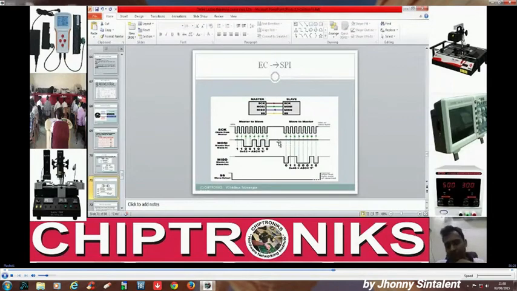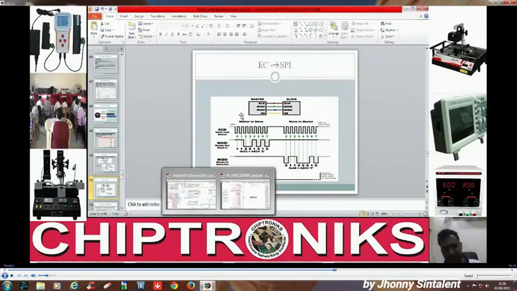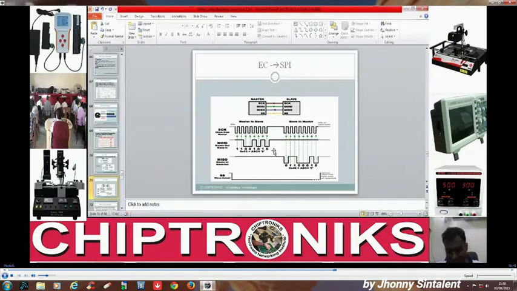And the very important thing is how to trace them using an oscilloscope, and what are the important things that we need to understand about this SPI interface. And while we go to the practical analysis of how to check dead motherboards or no display, we'll check these important two signals.